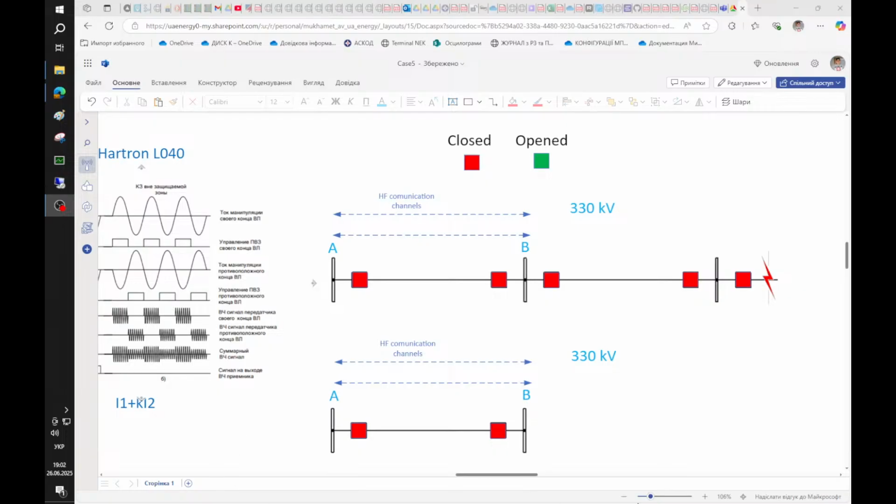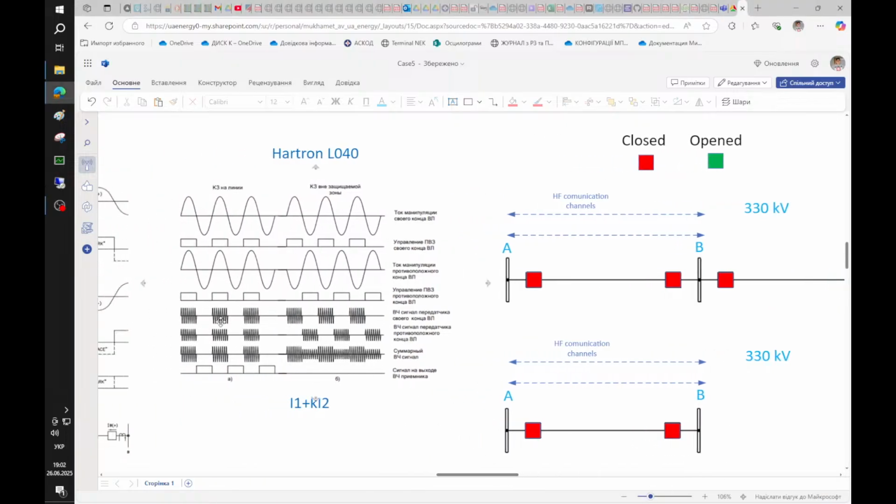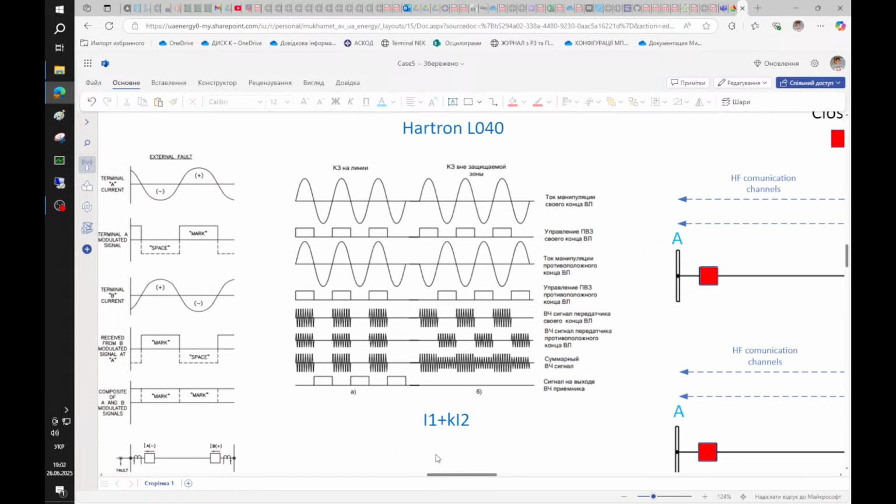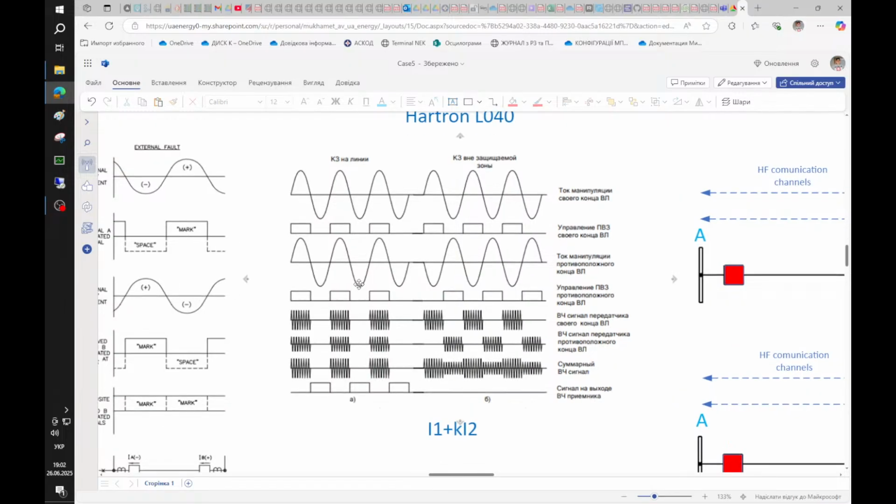Before we start, a few words about phase differential protection. The main thing is that on both ends of the line there is a relay, and they communicate with each other through a high frequency communication channel.